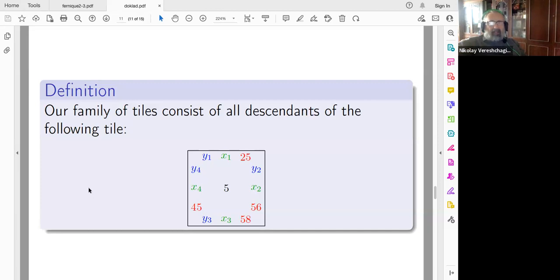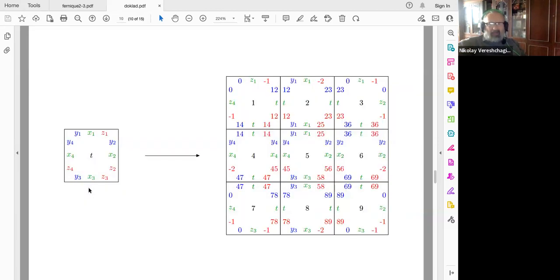Now we will also need some other properties of our tile set, which were taken as the definition of tile set, but now in my exposition these are just properties. Let's start with the property that the type of the tile is determined uniquely by red indices.